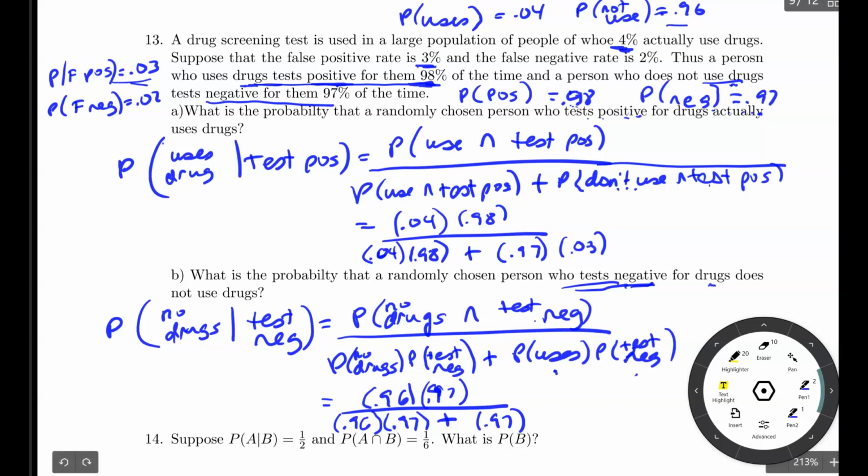This is wrong. No, hold on. Okay, sorry, I was getting myself mixed up. The probability of uses is 0.04, and the probability you test negative but you actually did use is a false negative, so that's 0.02. Shoot, sorry about that.